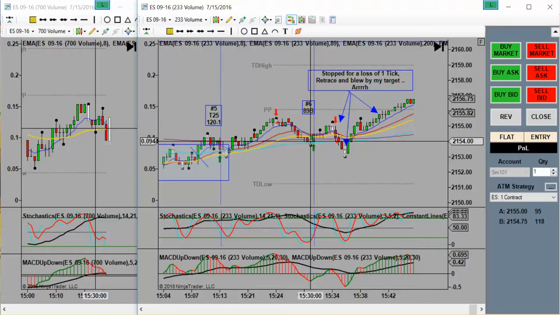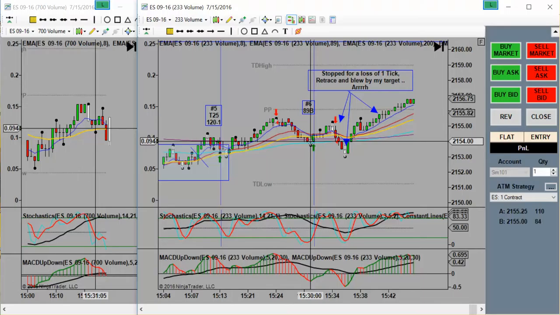Unfortunately, what happened was I took a 1.5 to 1 risk reward because I'm early in the trend, roughly 7 ticks. Pardon me, no, this was just the standard 5 and 5. Sorry.